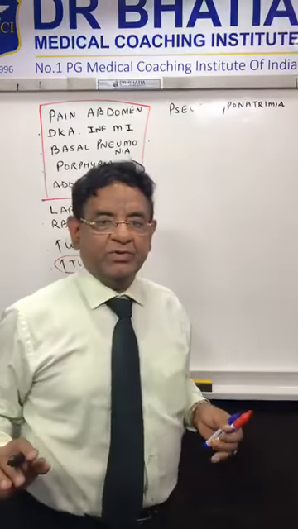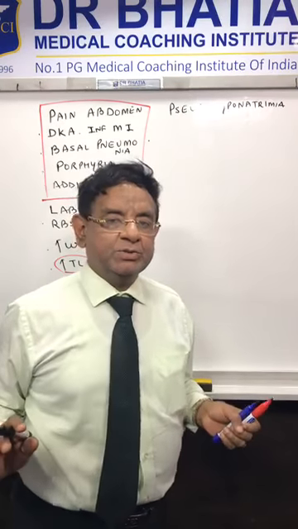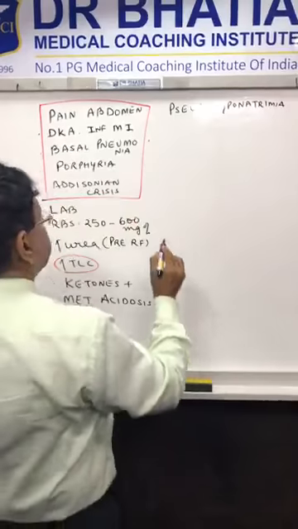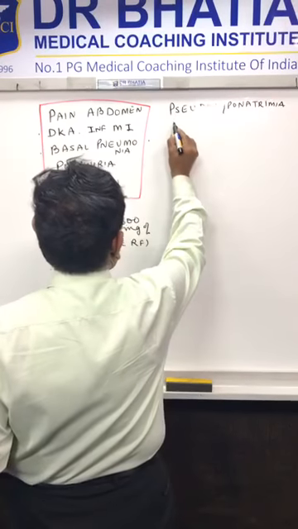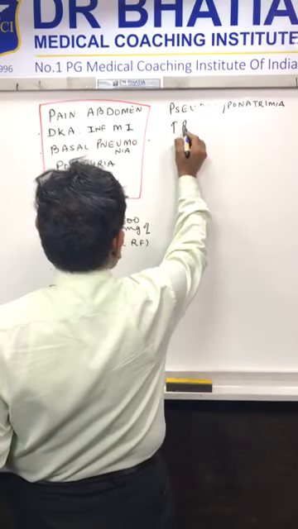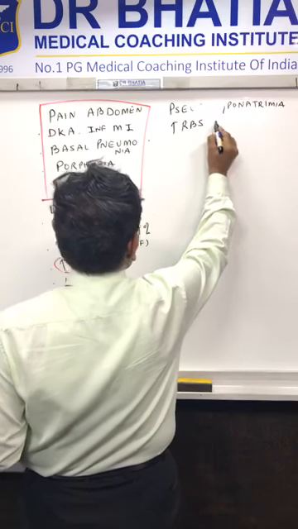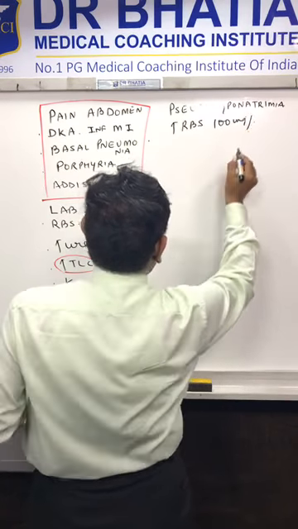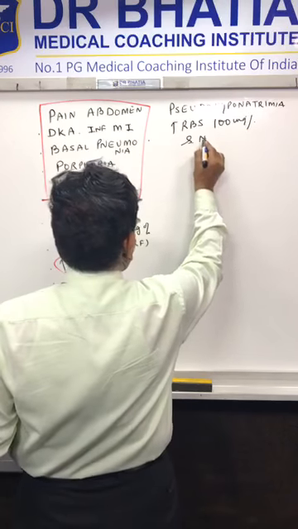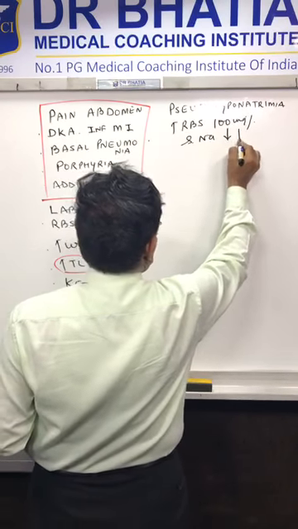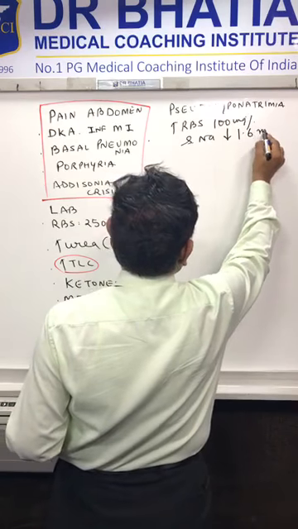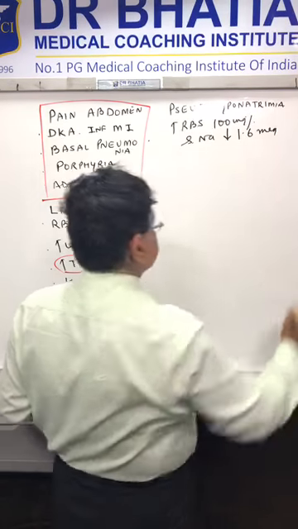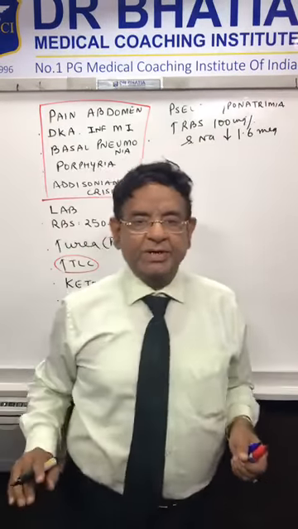Now let's learn a basic concept about pseudohyponatremia. In any condition, if blood sugar increases by 100 milligram percent, serum sodium will go down by 1.6 milliequivalent per liter, right?